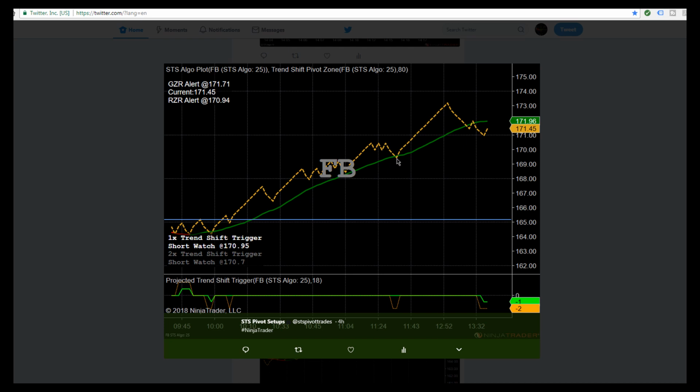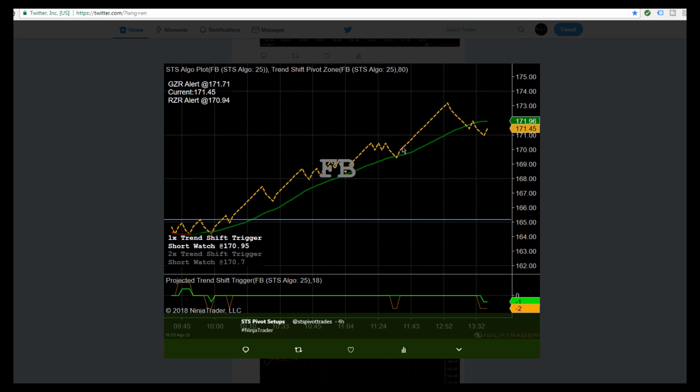It never crossed below the line enough to turn it back red, and when it does approach these lines, we use this as well. You do not see any predictions of a reversal yet, and if you don't see the predictions as it pulls back, the trend is still strong enough that we're going to give a retracement off of this level, and that's where this little box comes in.